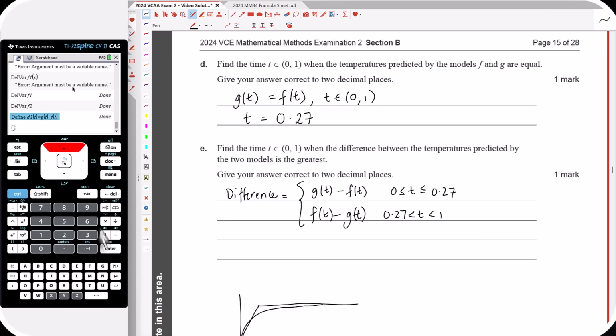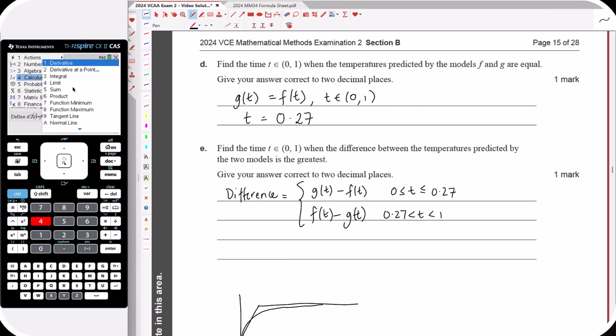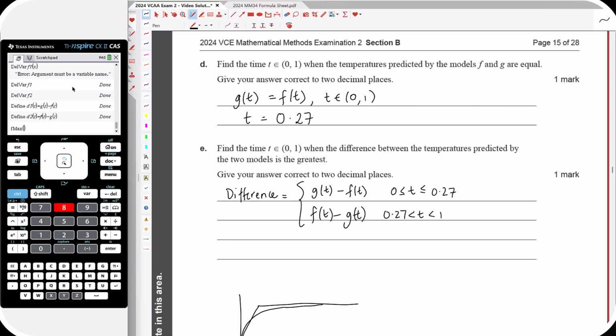And then let's define distance 2 as being f of t minus g of t. And let's do a function max, so 3, 4, function maximum of d1.